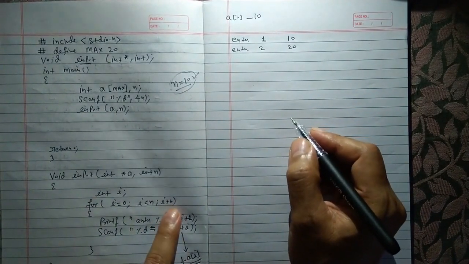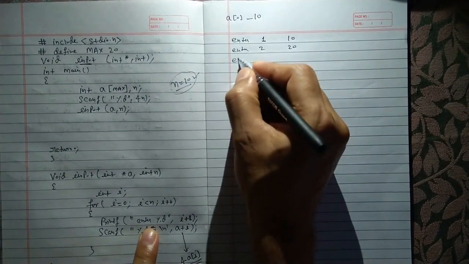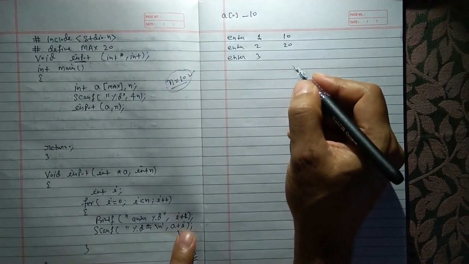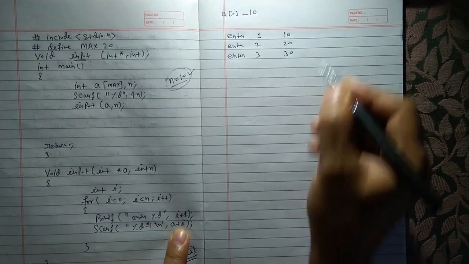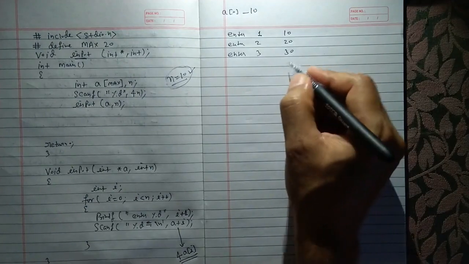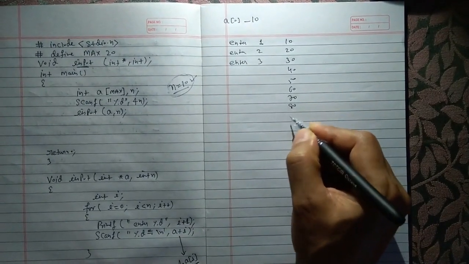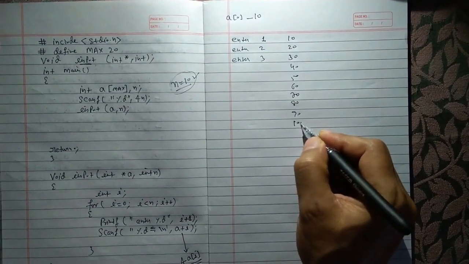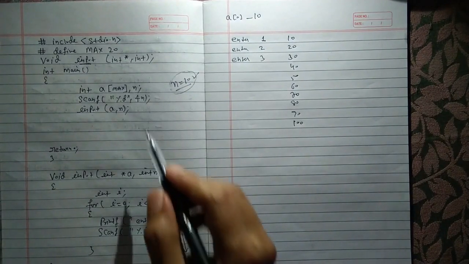Then again I plus plus, 3 is less than 10. Yes. So enter 3, and at A plus I you have input 30. Suppose you input 30, then 40, then 50, then 60, then 70, then 80, then 90, and at last 100. Suppose the total number of elements is 10 because n is equal to 10.